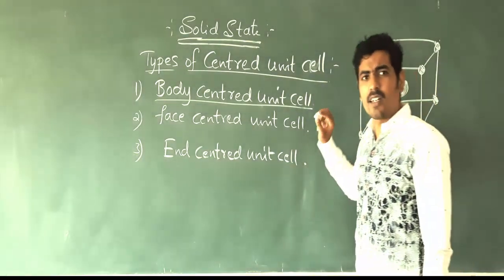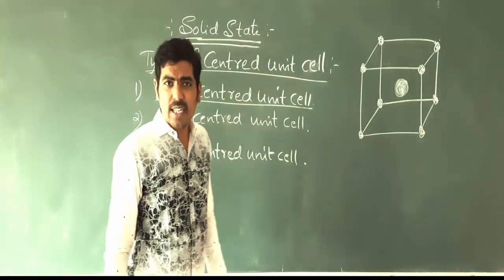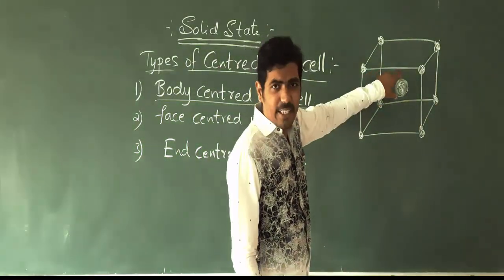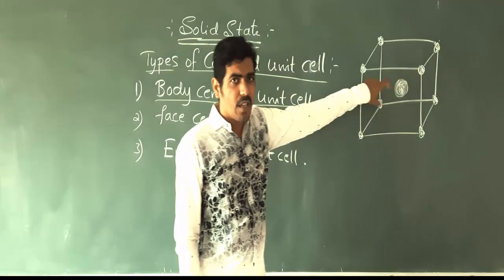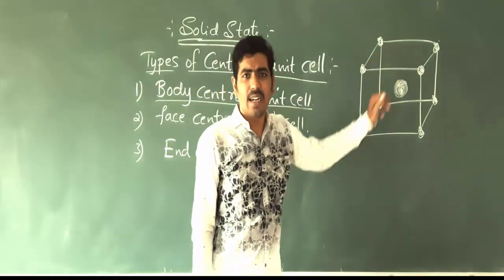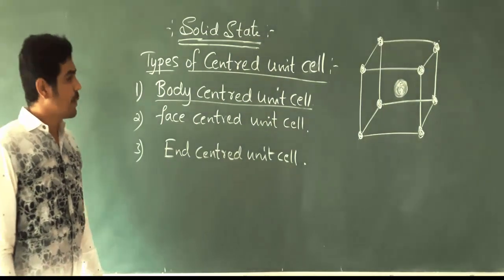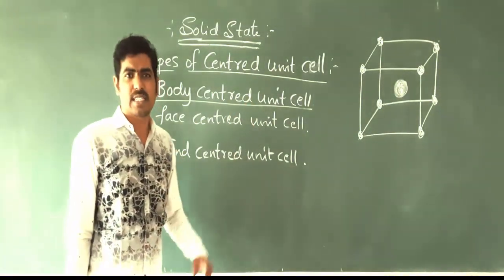The body centered unit cell means the unit cell in which a particle is present at the center of the body along with the particles at the corners.